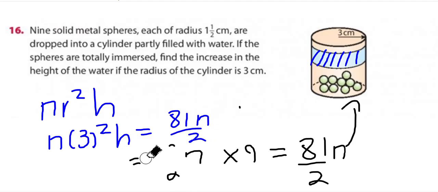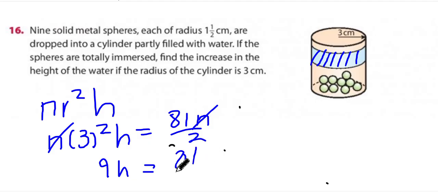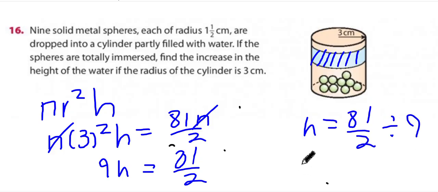And our job now is to figure out what h is. So, the pi's cancel. 9h equals 81 over 2. Where does the 9 go? It's multiplication on the left. So I'm just going to do 81 over 2 divided by 9. And what do we get?